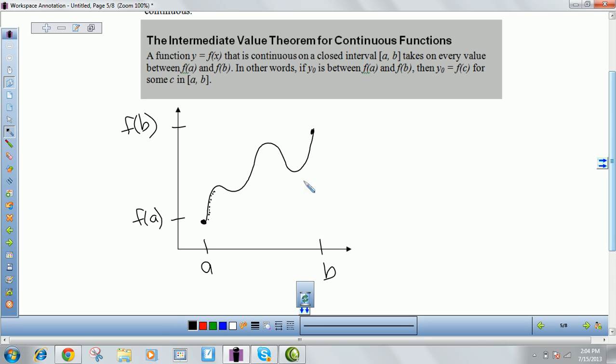That's not a problem. Okay, and that's all the intermediate value theorem for continuous functions represents. So if you know that it's continuous, then it has to take on every single y value. And I could have easily drawn a straight line from a to b as well. Okay, but it has to take on every single y value.